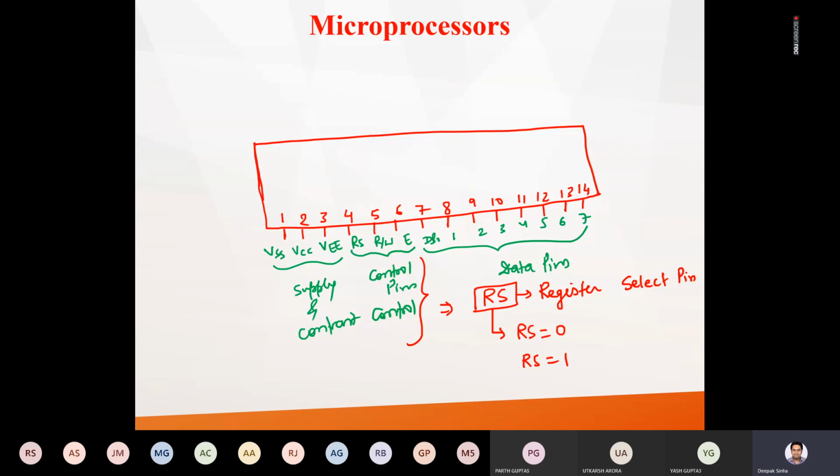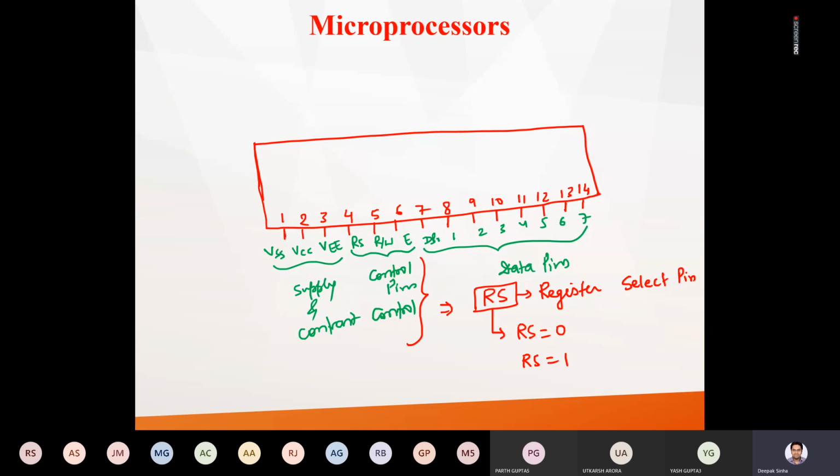Now see, there are two scenarios first of all. Whenever you are going to give a command to the LCD, first you have to do the settings, so via program you will be telling the LCD what you need to do, like blink the cursor first, start the cursor at this position, go from left to right.